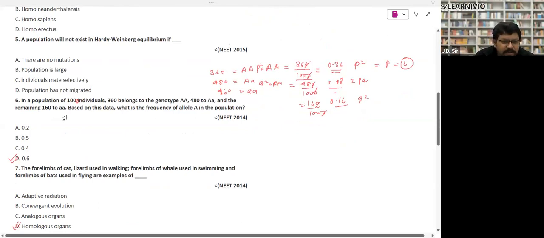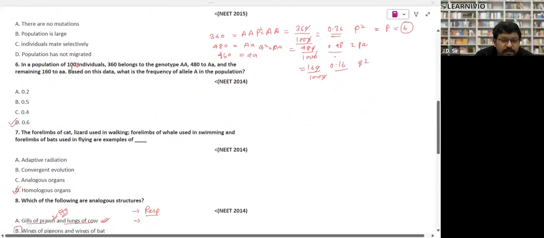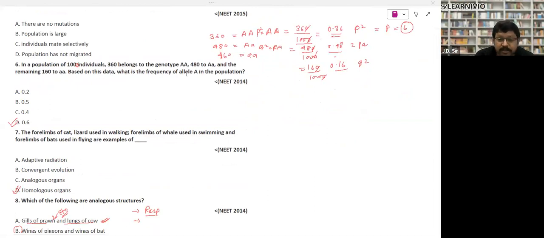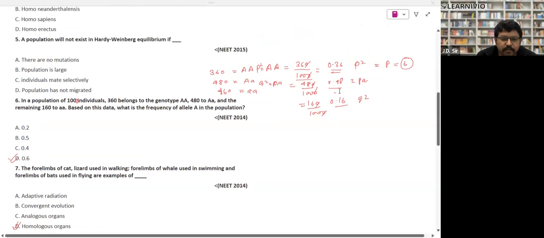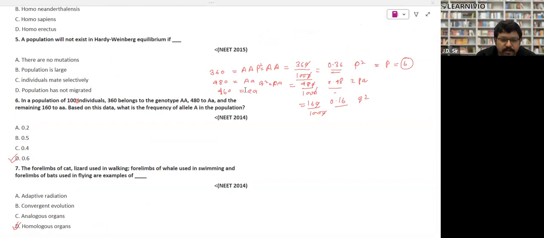And in a population of 1,000 individuals, 360 belong to the genotype AA. Look, this question is from the Hardy-Weinberg law. And 480 are capital A small a, that means heterozygous, and the remaining 160 are small a small a. Based on the data, what is the frequency of allele A in the population? So 360 capital A, 480 small a, 160.